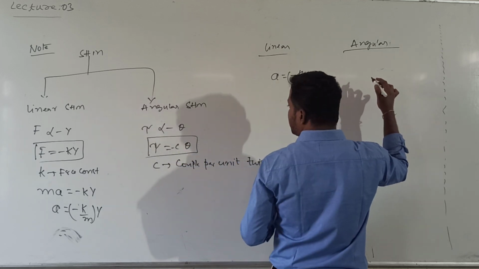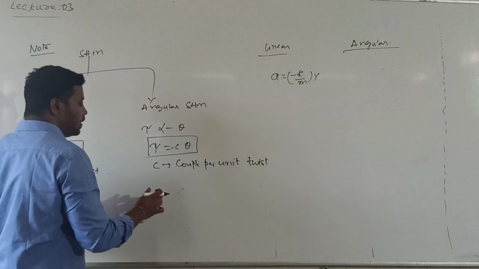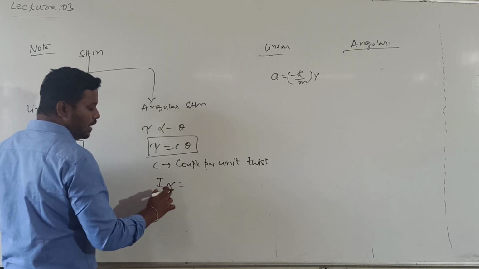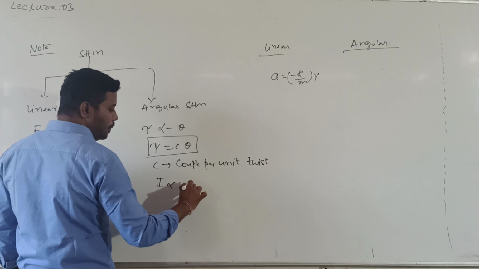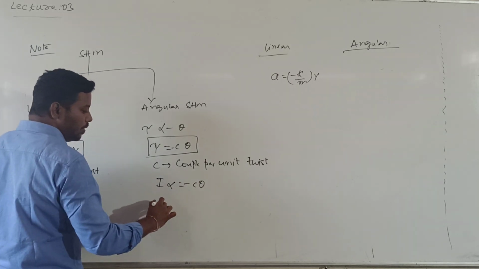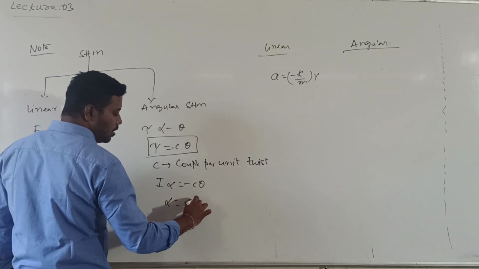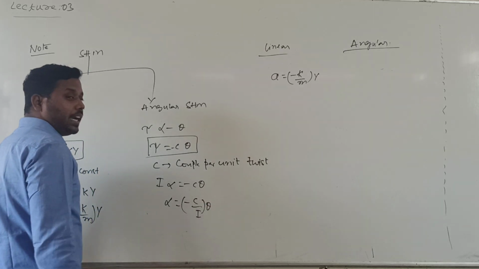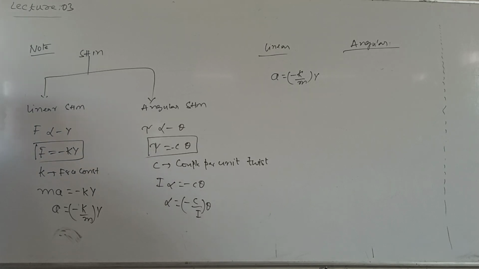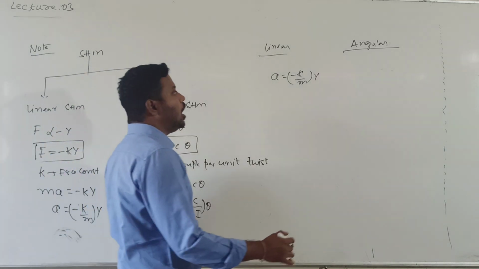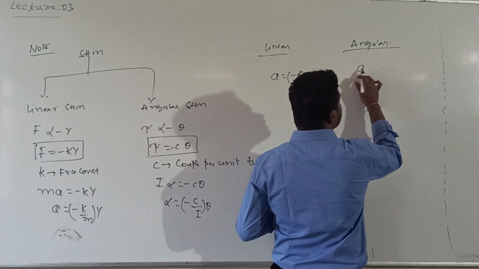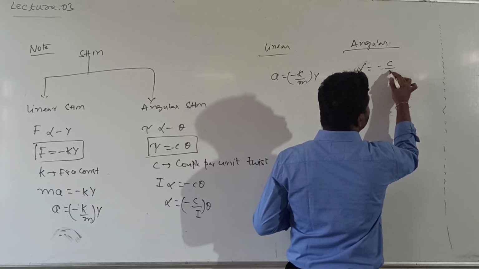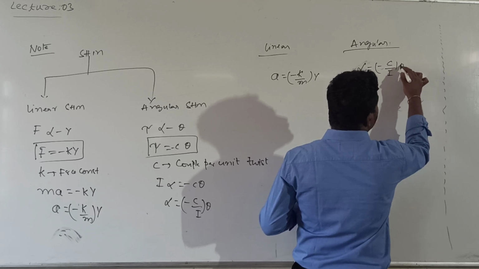Whereas in angular SHM, tau can be written as, we know torque is the product of moment of inertia and angular acceleration, which is equal to minus c into theta. From this, alpha is equal to minus c by I into theta. The minus sign indicates that alpha and theta are in opposite directions.